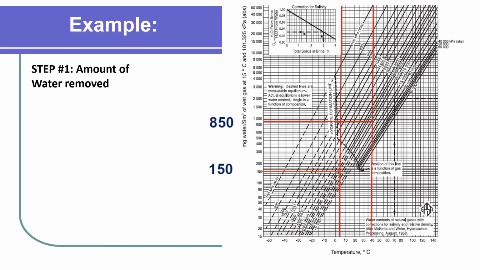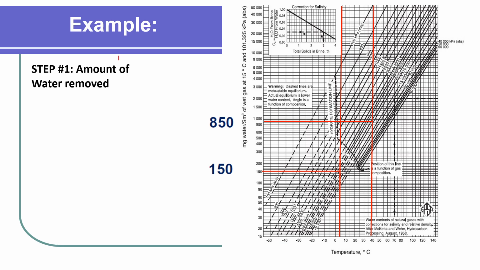So now let's start to solve this question. I'm going to solve it step by step. So the first step will be to understand how much water will be removed from this condition. As we explained earlier, the gas will leave the offshore location at conditions of point 1, which is the offshore location. You have the two conditions.